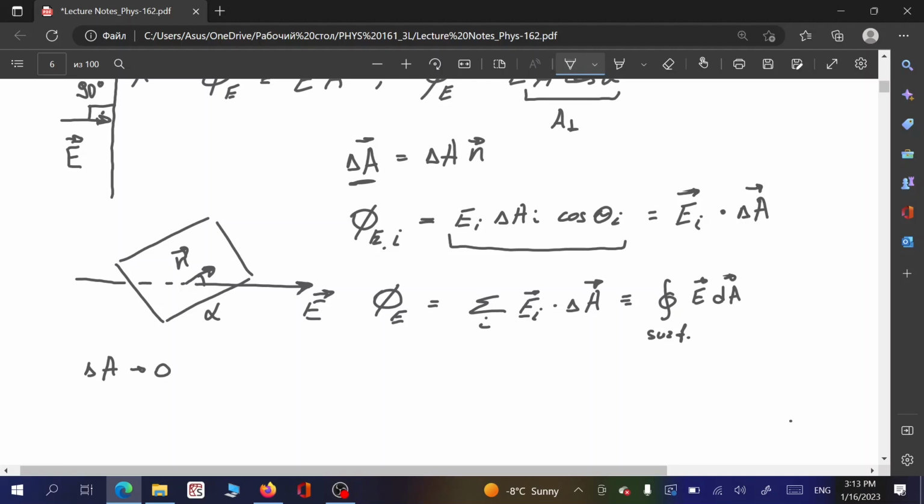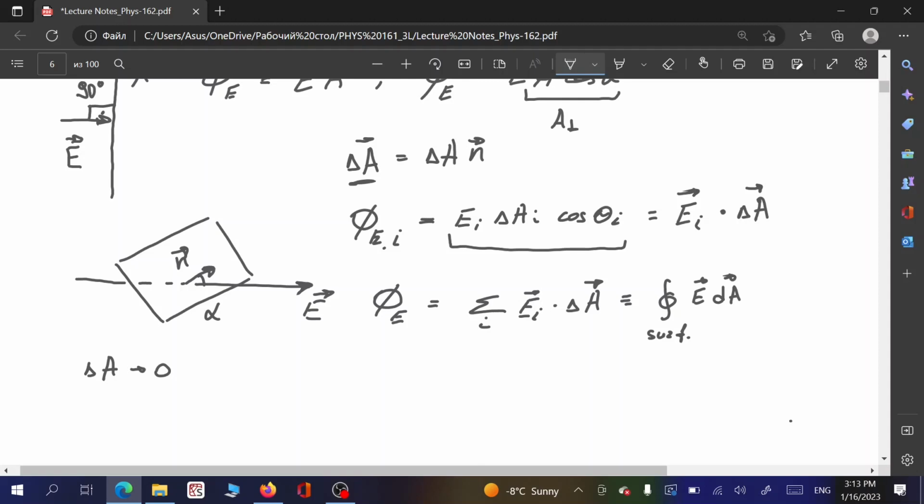So in terms of the concept of electric field lines, how we can describe electric field flux. In general, electric field flux is proportional to the number of electric field lines which are entering the closed surface, and we need to take into account that if electric field line is entering closed surface, at some point it should go out this closed surface.